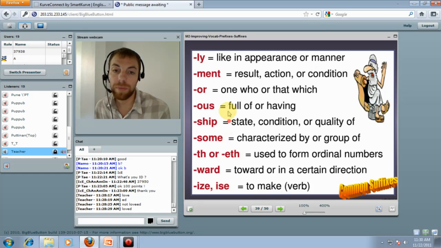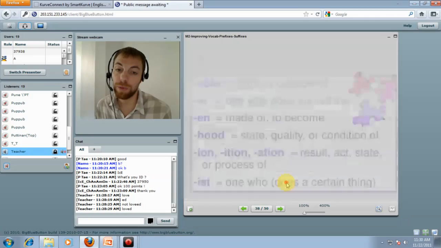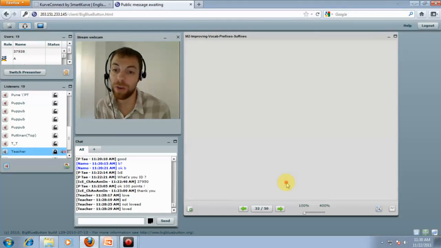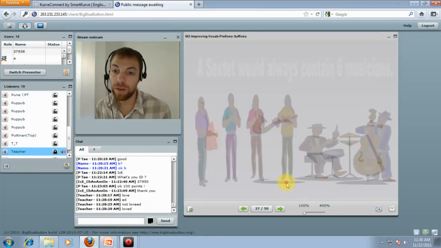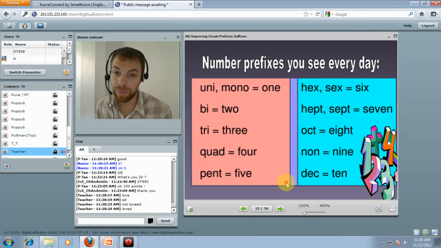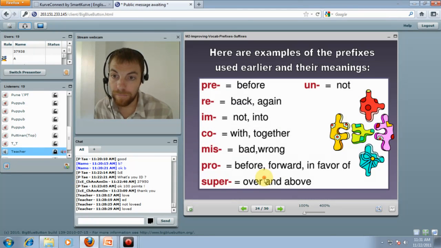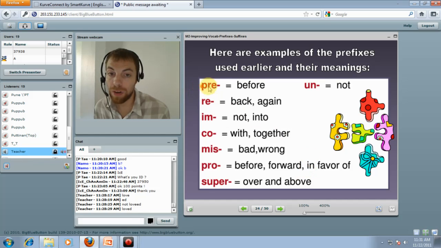And when you find these words and you know the meaning of the suffix, it helps you a great deal. So learn these suffixes and also learn these prefixes, the number prefixes and these important prefixes. Learning these will help you learn new words much, much easier.